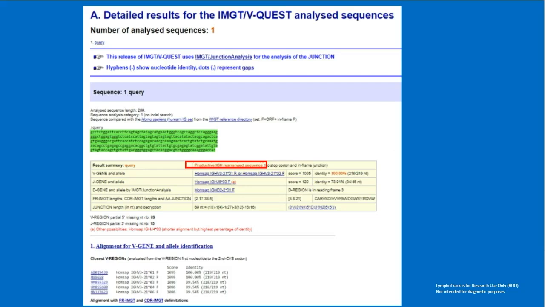And you can see there is proof of a productive rearrangement, and it also shows the identity with the germline sequences. It also provides the hallmark sequences for the J region to make sure it's actually productive.